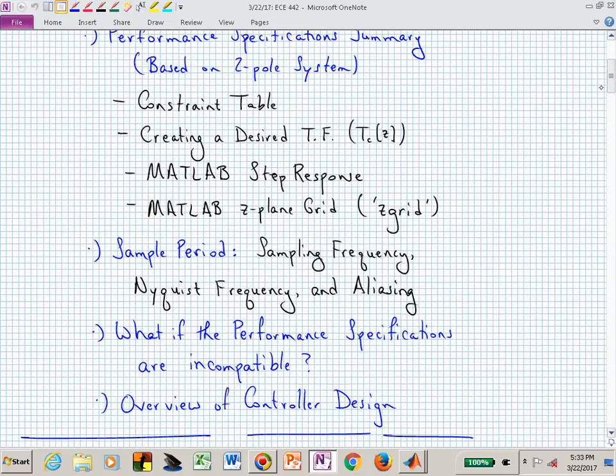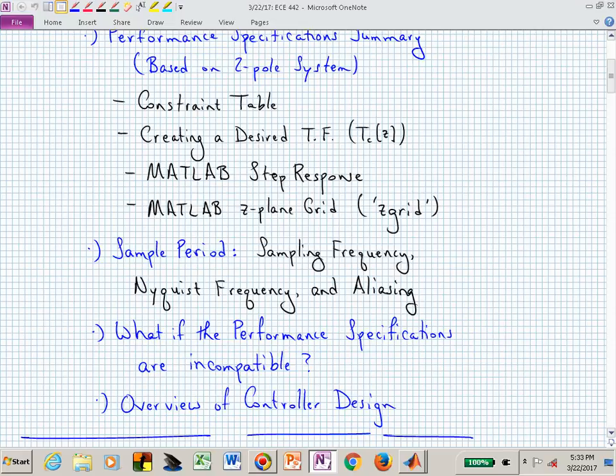And we might go through an example where our performance specifications, we might have settling time specs, peak time specs, and percent overshoot specs, and they may not all be consistent, meaning we may not be able to, on the first attempt, satisfy all of those specs with one particular pole location. So now we have to figure out which one do we start adjusting.